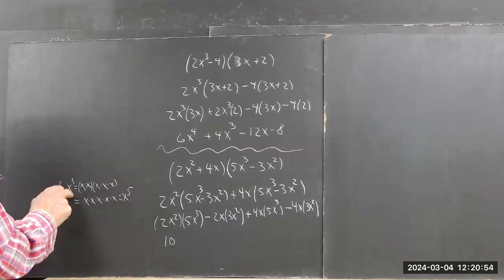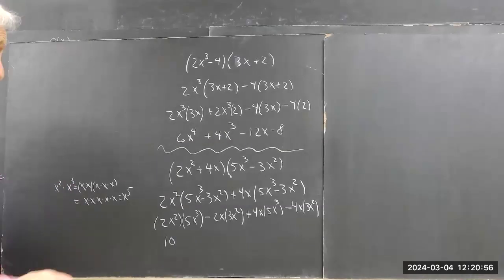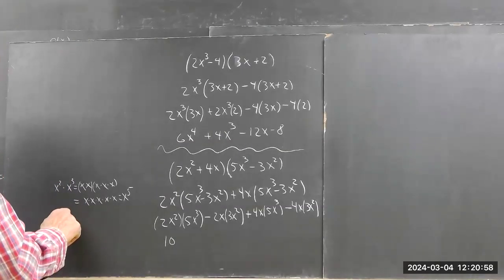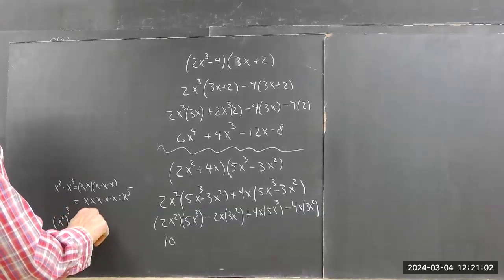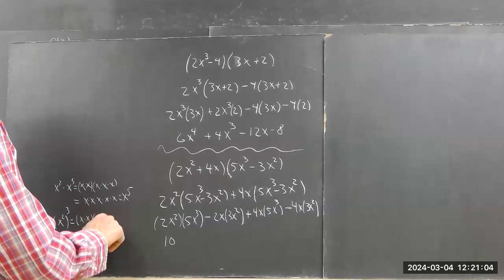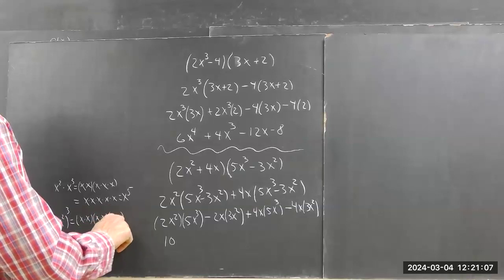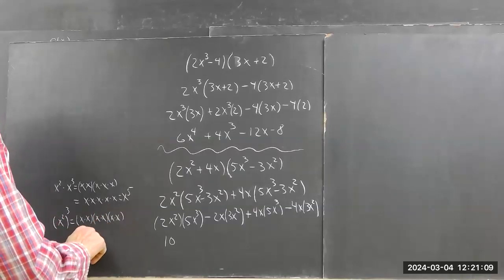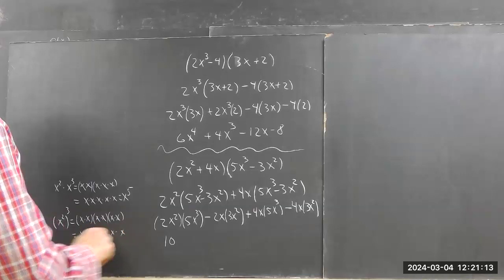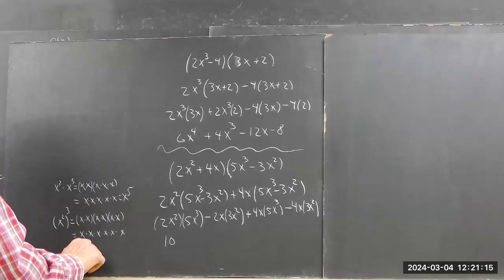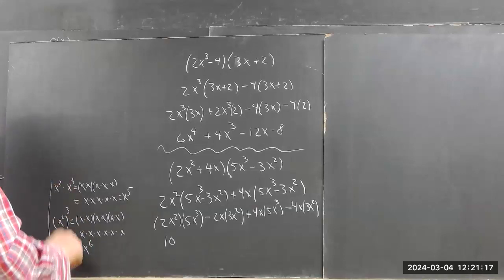And this is why you add the exponents. As opposed to x squared cubed, which is x times x, of x times x, of x times x. I'm not going to read them all to you, but there's six x's here, and that's x to the sixth.